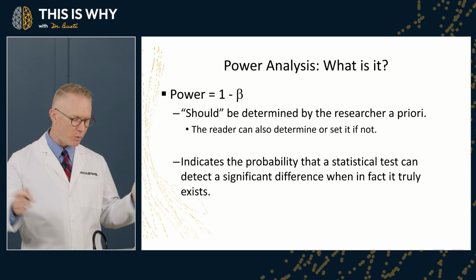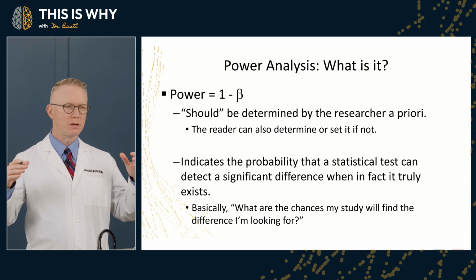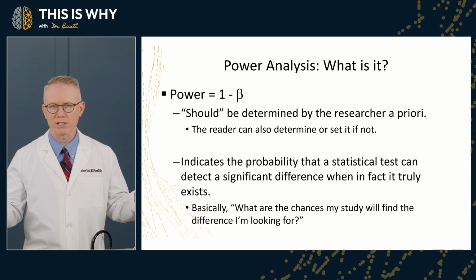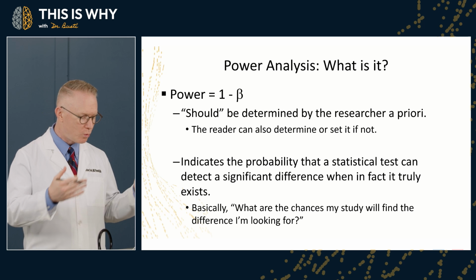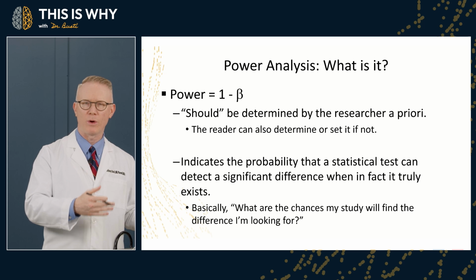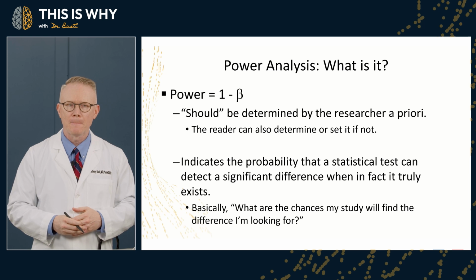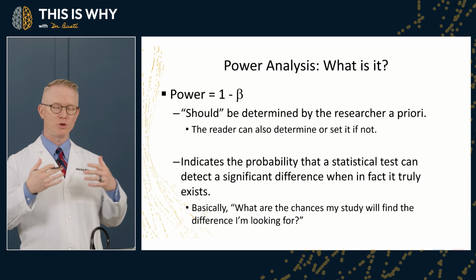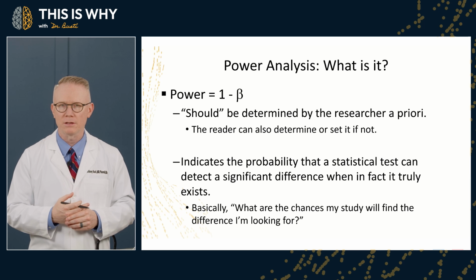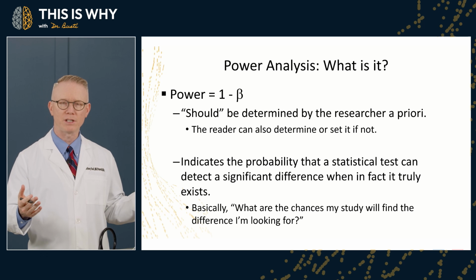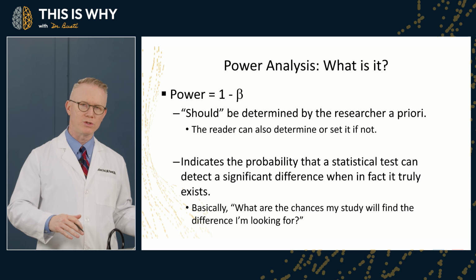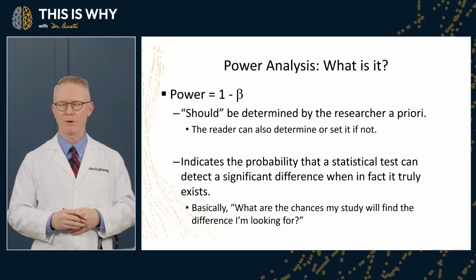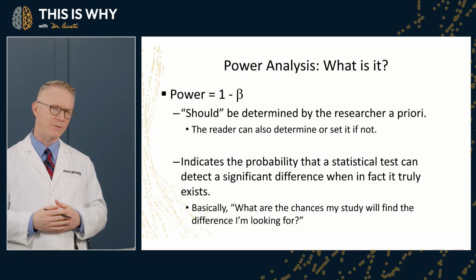Said another way, in plain English, what are the chances that my study, if I'm a researcher, will find a difference when it is in fact there, when I'm going out to look for it? So you're trying to set yourself up to identify that, so that when you say there's a difference, you don't make a type 1 error, but you also want to reduce the chance of making a type 2 error, right? So you have to have enough power to find that difference.